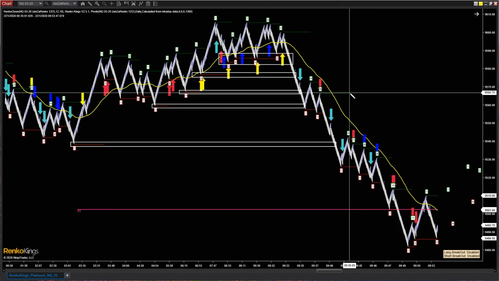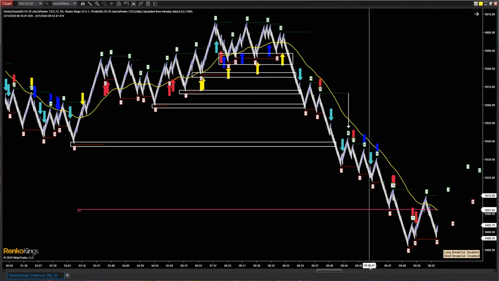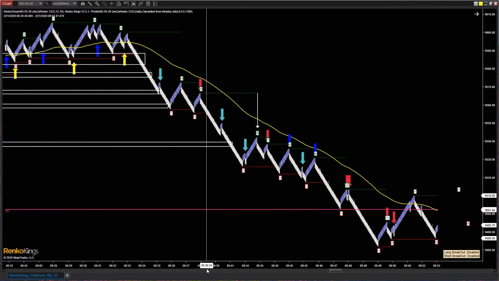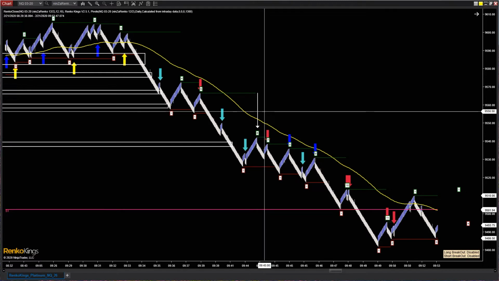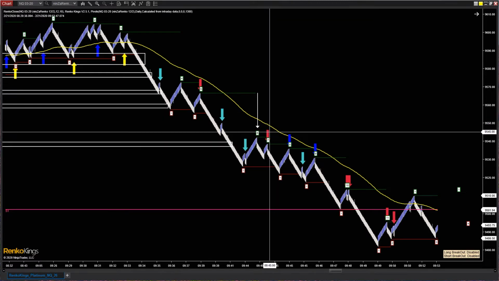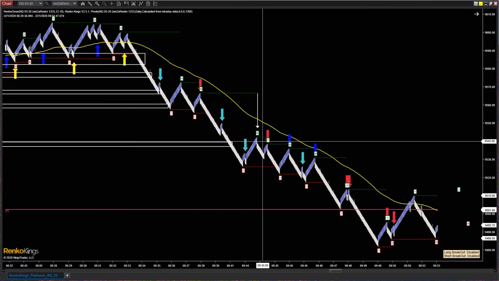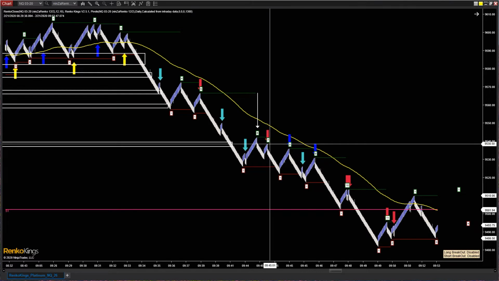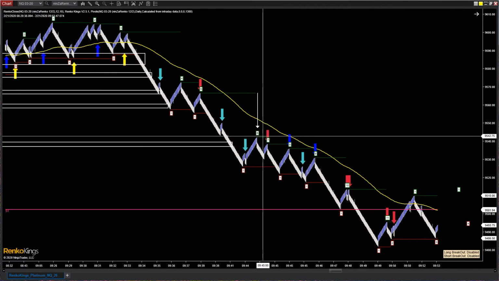You can trade the way you want to trade, but you spend a lot of money on the software, so why not let the software give you the entry? But this entry right here, I do like because you have the resistance area, as a double top, to base off of.